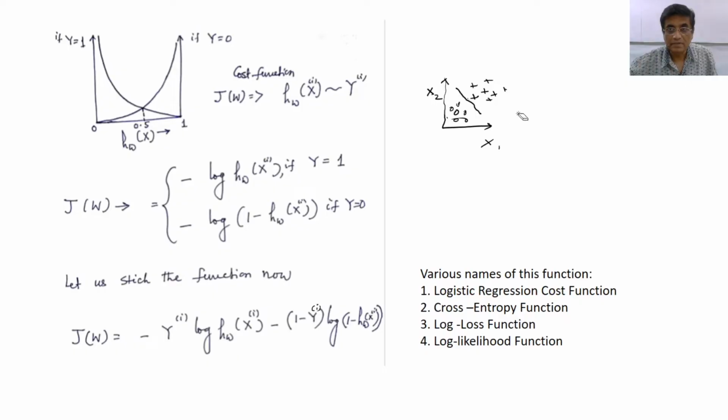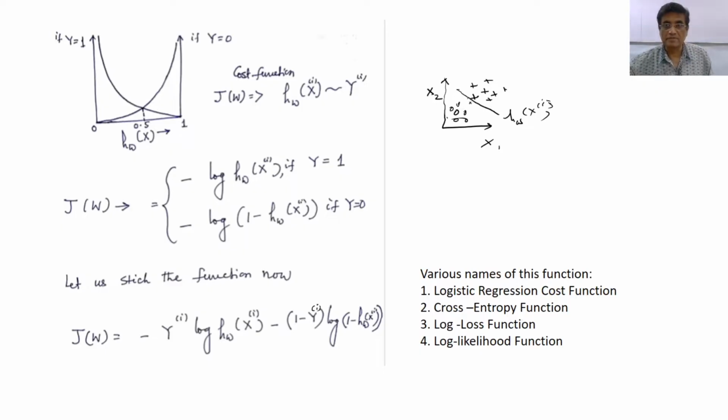Implicitly, h(w, xi) is giving you the decision boundary.